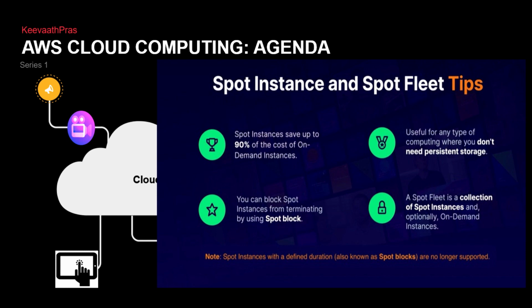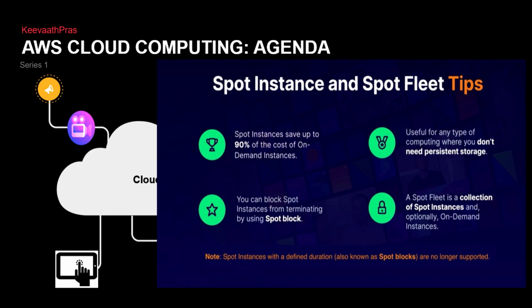A spot fleet, remember I said a fleet is like a fleet of ships, warships or something. So it's a collection of spot instances and optionally on demand. Say suppose I need 5 instances, I can have 3 spot instances, 2 on demand, depending upon the capacity, depending upon the price. It automatically chooses the combination, and even if you lose one, you're going to have the other one.